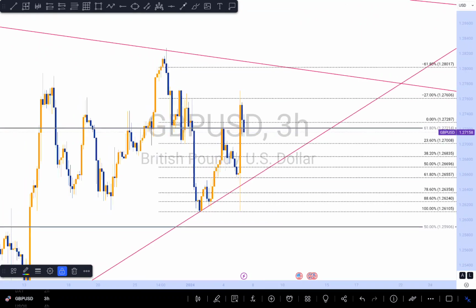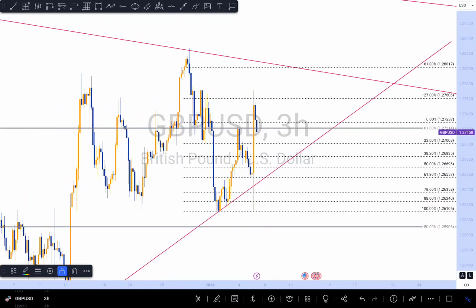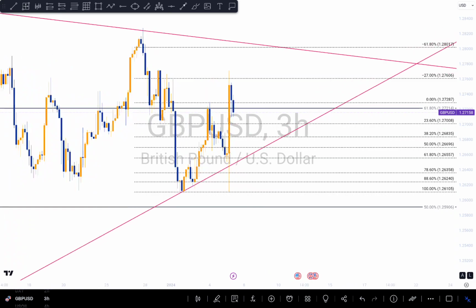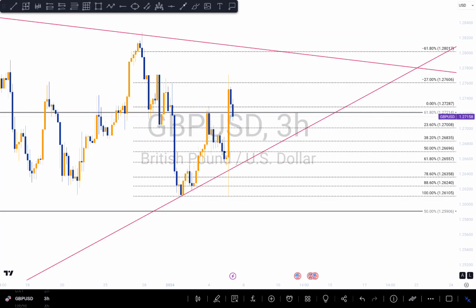We can say there's a possibility, if you're going to continue to look for a buy, guys, for it to drop to maybe my 50% fib level right here. That is because if I zoom in a little bit, we can see there is this breakout structure right here. So there's a possibility for it to come down here for us to continue to push to the upside.